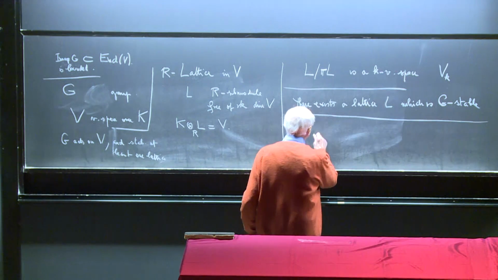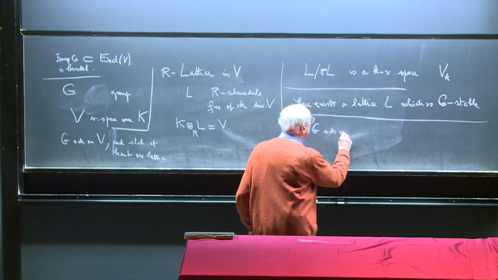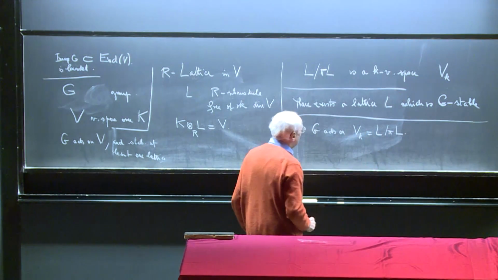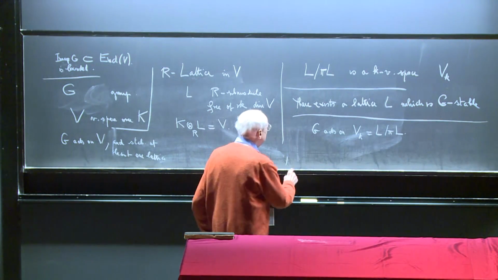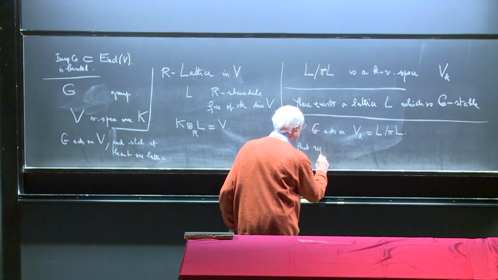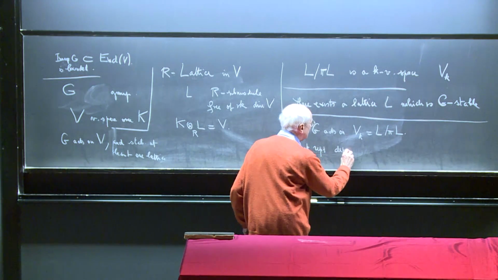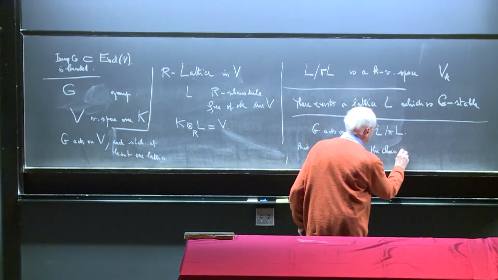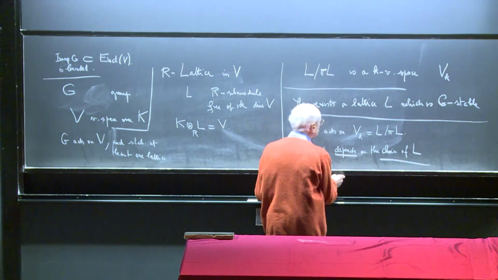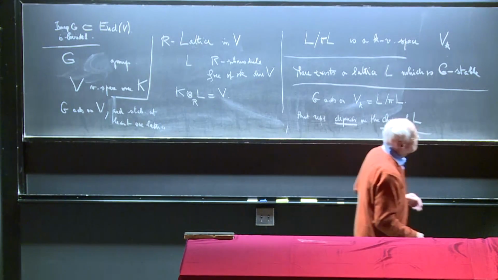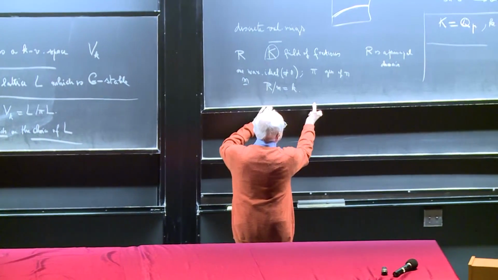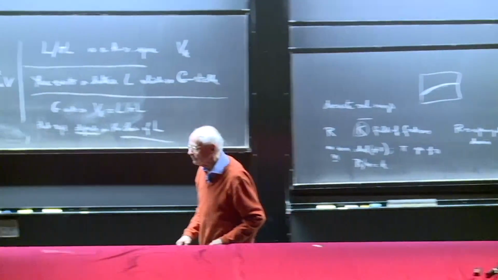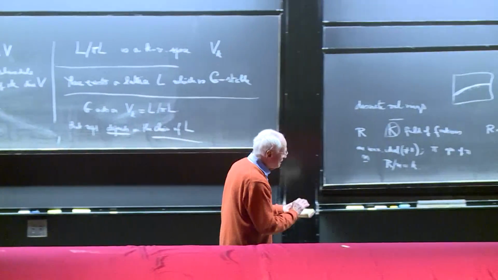When you have done that, then of course G acts on V_k, L over pi L. And when you vary L, that representation depends in general on the choice of L, but not too much. There is a theorem of Nesbit and Brouwer.